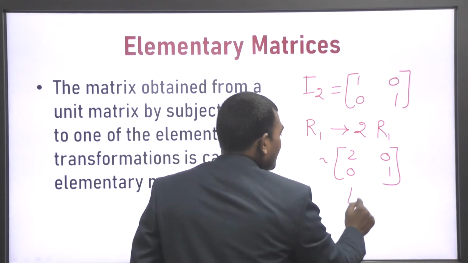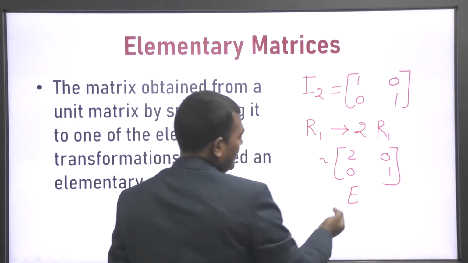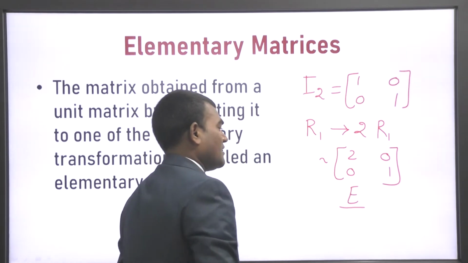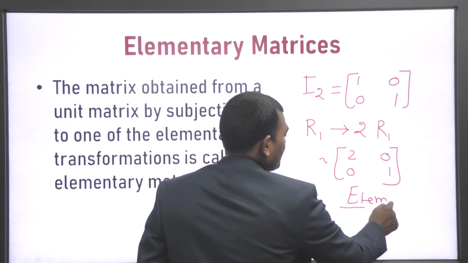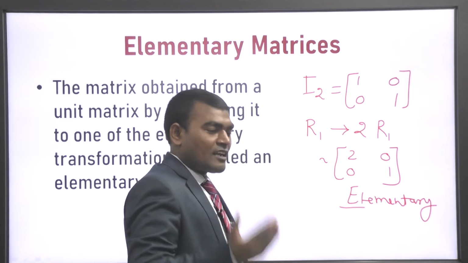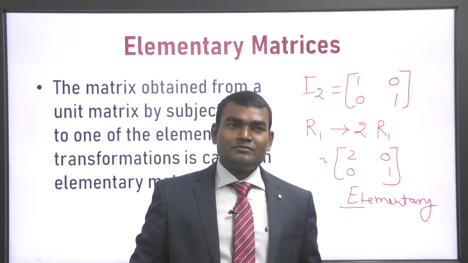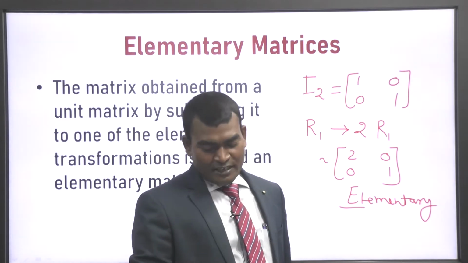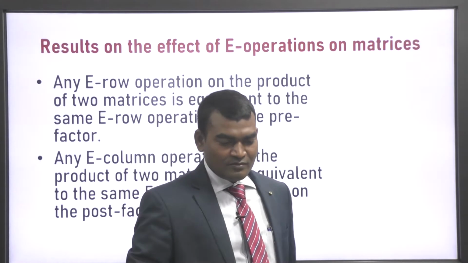This is the elementary matrix, and it is generally denoted by E. So, whenever we apply an elementary transformation on the identity matrix, that matrix will be an elementary matrix.